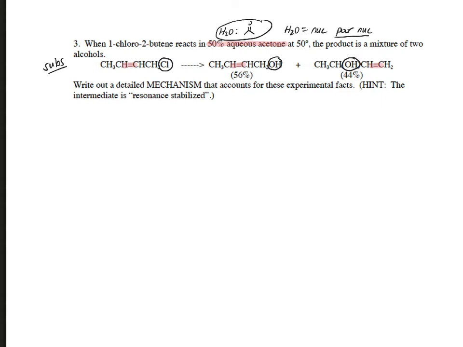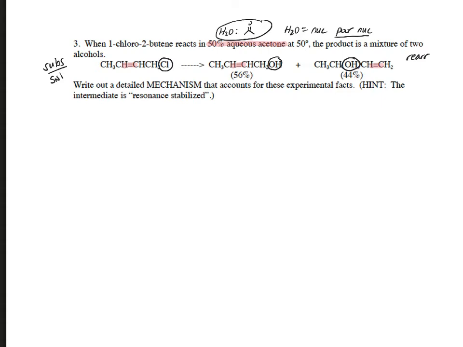So between the poor nucleophile and the fact that I have a double bond moving around, in other words, a rearrangement of that double bond, everything is pointing to this being an SN1 type mechanism. So they say write out a detailed mechanism for this.